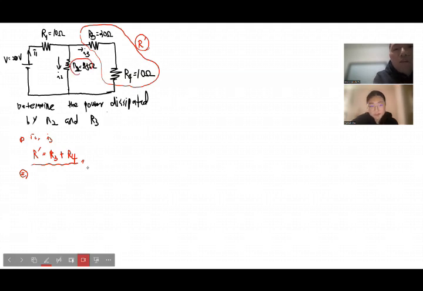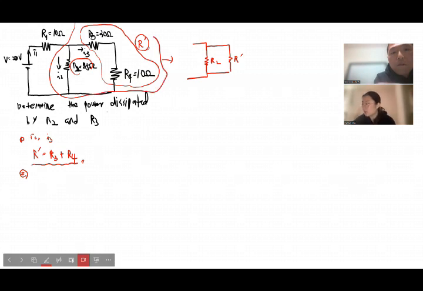Number two, now you look at R prime and R2. If you redraw this picture, it should be like this. There's R2 and there's R prime. You can redraw this part of the circuit connection with this modified configuration, but they are effectively the same.